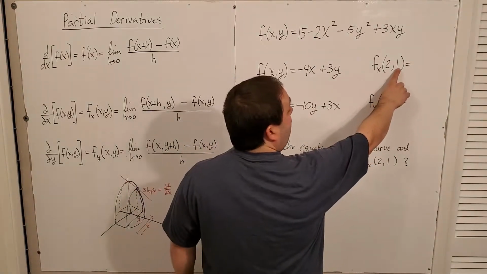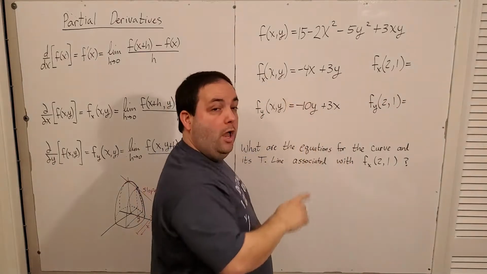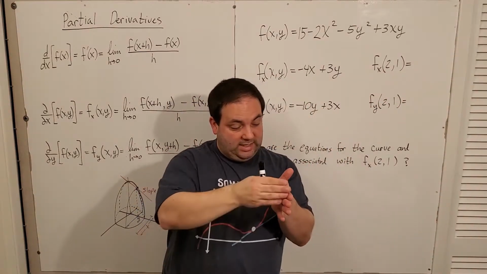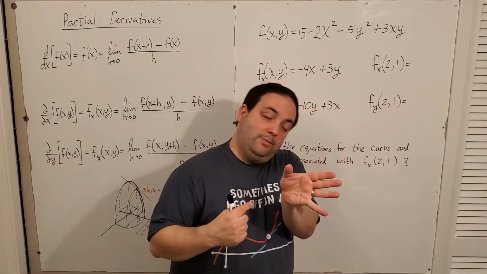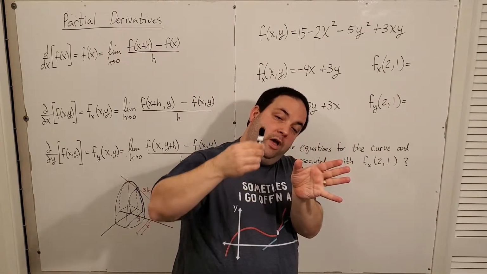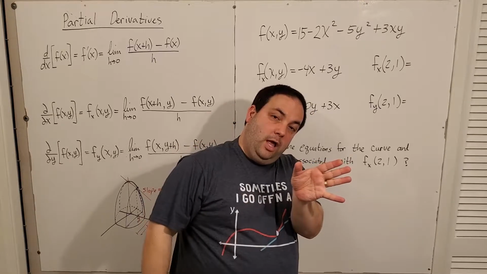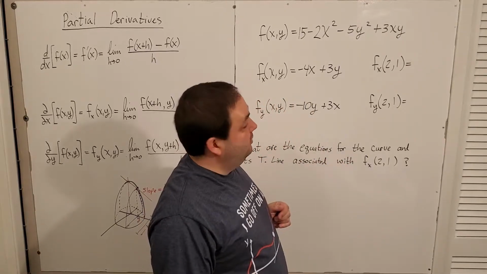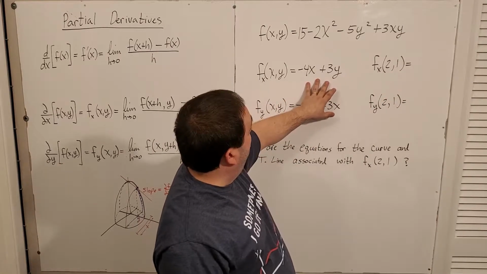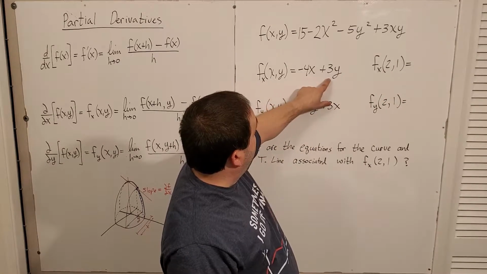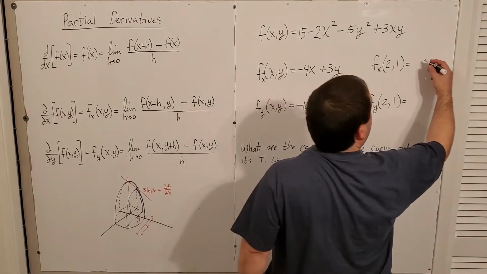I'm saying I want to hold y constant at 1, so that gives me the plane to slice. And then if x is 2, I'm saying where on the curve I want the tangent line, the slope of the tangent line. In any case, I'm just going to plug in 2 and 1. That's going to give me negative 8 plus 3, which is negative 5.